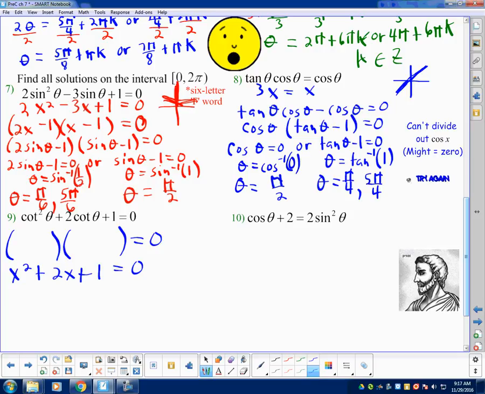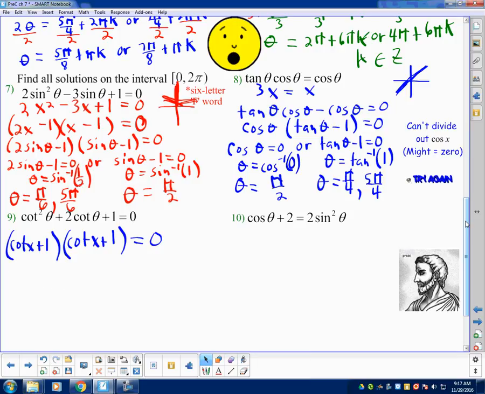Yep, x plus 1 times x plus 1. But it's not x, it's cotangent x plus 1 and cotangent x plus 1. Or you can think of it as cotangent x plus 1 squared. But either way, we have 2 of the same solution. So I just need to take one of those and set it equal to 0.